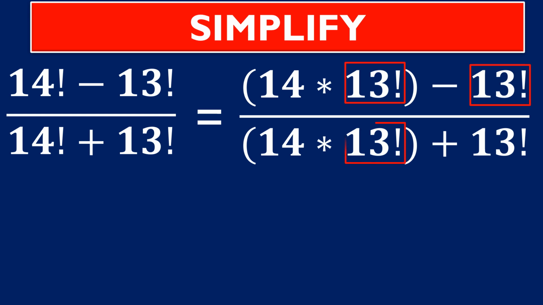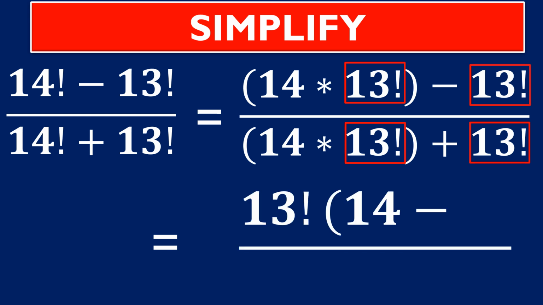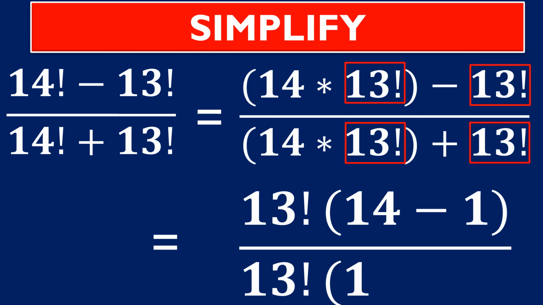Now let's also look at the denominator. We will also clearly see that 13 factorial is common. It is common on the right hand side of the plus sign, and it is also found on the left hand side of the plus sign. So we can also factorize the 13 factorial from the denominator. So let's see how this plays out when we factorize it both from the numerator on top and also from the denominator.